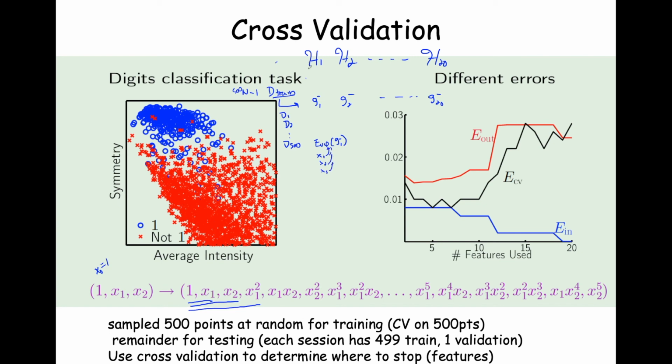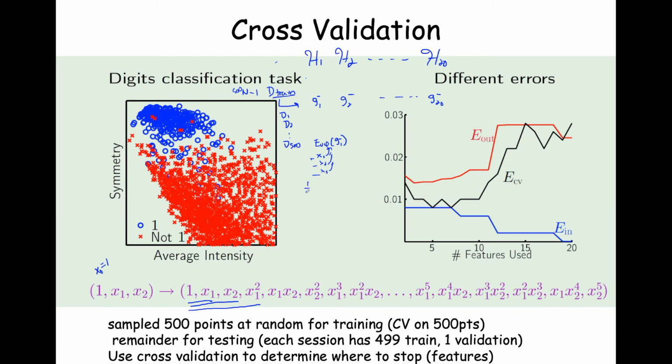So each one of these hypotheses is going to be run 500 times, and for each of those 500, you compute the eval on that singleton validation set, and then you're going to compute the cross-validation error.